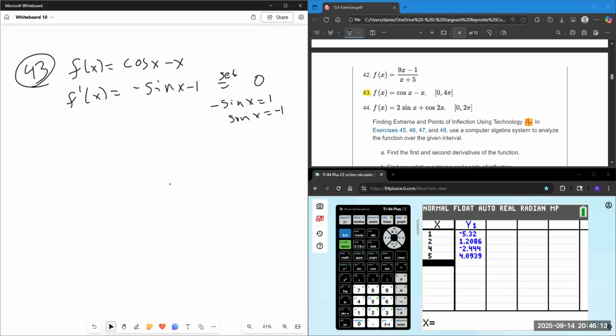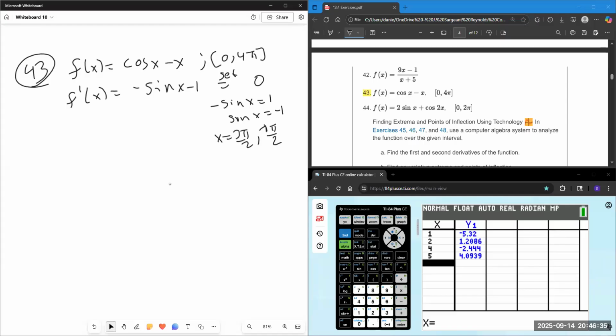I have a restricted domain here of 0 to 4 pi. And so x is 3 pi over 2 or 7 pi over 2.